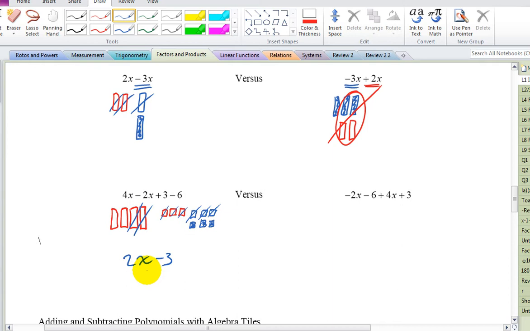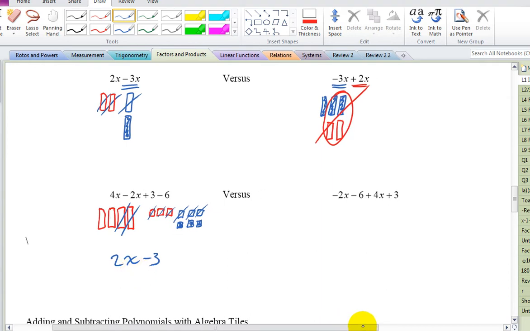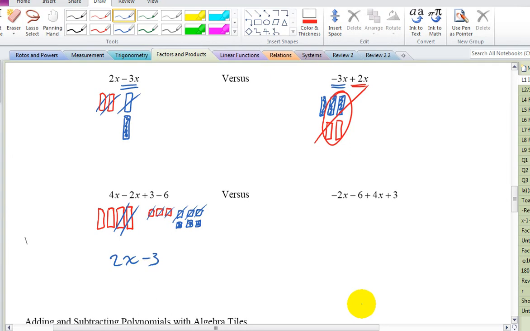Okay. Try drawing the next one. Okay, so there's negative 2x minus 6, then you have to add 4x.